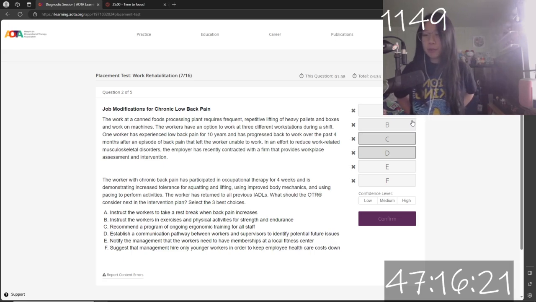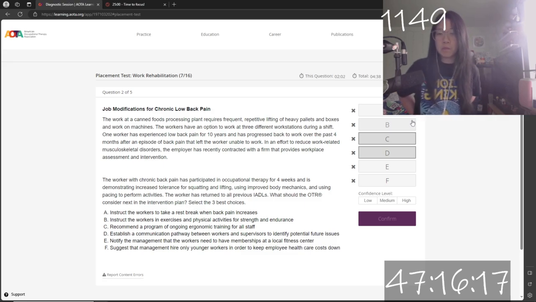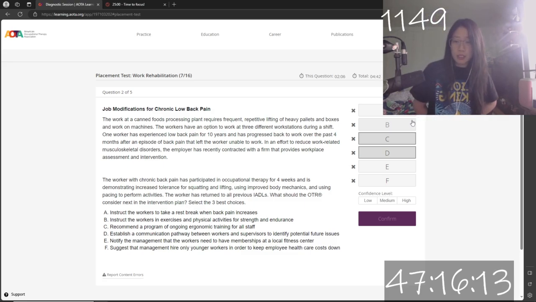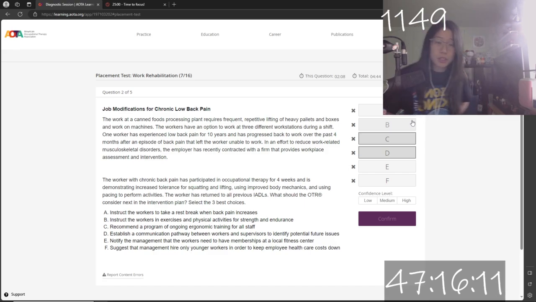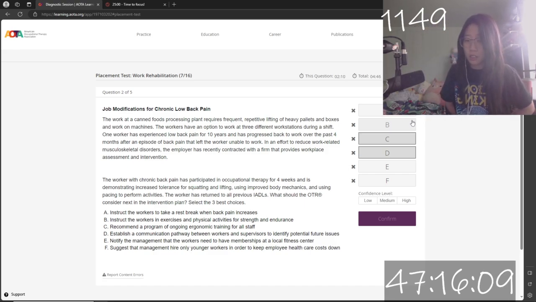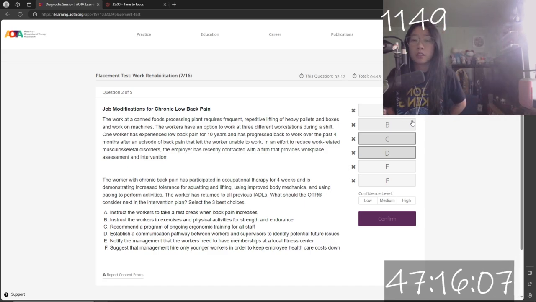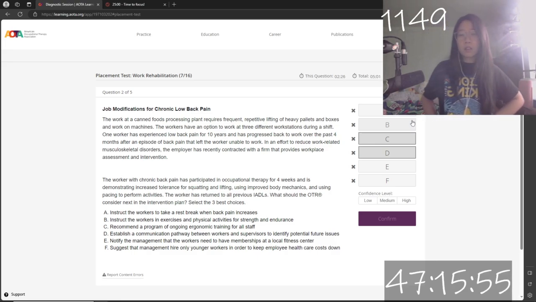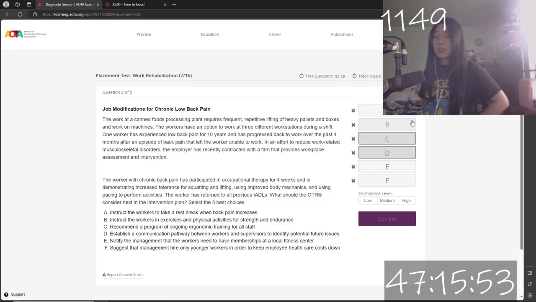Could be either A or B. Because basically, there was a worker that was injured, chronic pain, and he's gotten better over 4 weeks, but now you want to make sure that no one else gets hurt.